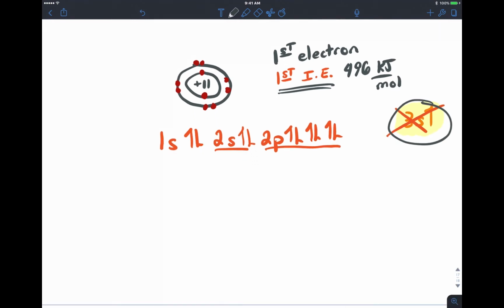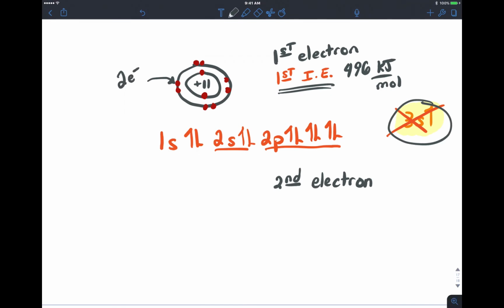I know this element, I just told you, was stable, but let's just say that for some reason you wanted to try to remove the second electron. All right, so let's say that we're going to try to remove the second electron right there.